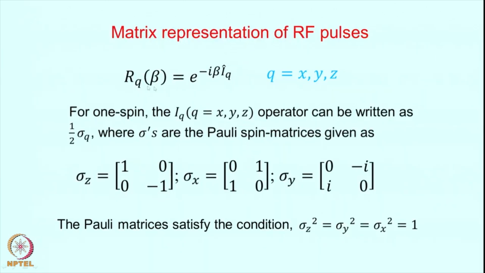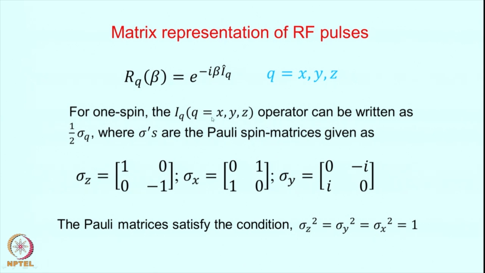So let us write here again Rq(beta) is e to the minus i beta Iq, q can be x, y or z. Now we have earlier seen matrix representations of the operators Ix, Iy and Iz, and those were simply given in this, except for the factor half.